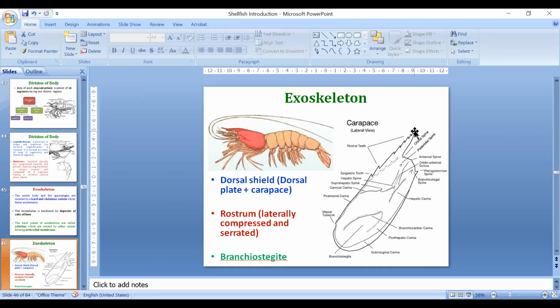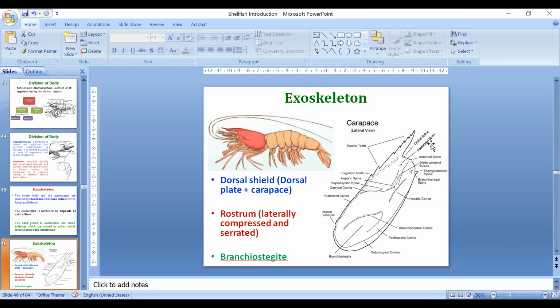This is the rostrum, which has serrations. The number of serrations, 1, 2, 3, 4, 5, 6, 7, is a diagnostic character. It varies from species to species and is one of the identifying characters in the prawn.